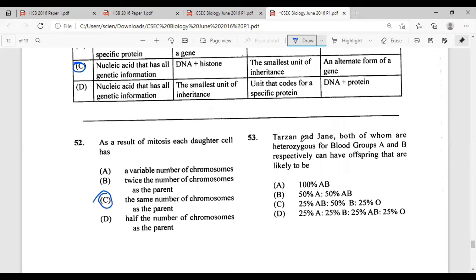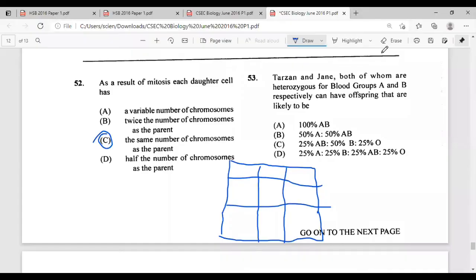Question 53. Tarzan and Jane, both of whom are heterozygous for blood groups A and B, respectively, have offspring that are likely to be. To get the answer, we have to do the genetic crossing. So I went ahead and created a Punnett square for us to work with.